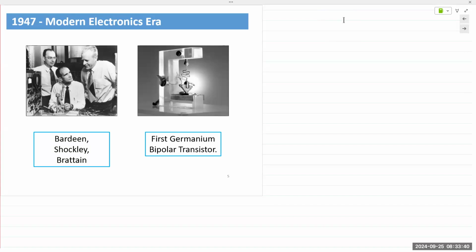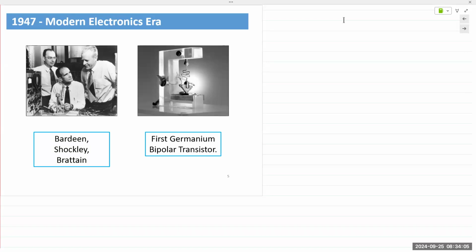Okay, so there were people who were working on solid state devices like diodes and transistors, but this was the absolute first demonstration of an actual working transistor. But I always like to use the words one of the first because there were discoveries made earlier than this presentation also. Okay, but by all accounts, this is the one that is recognized the most.